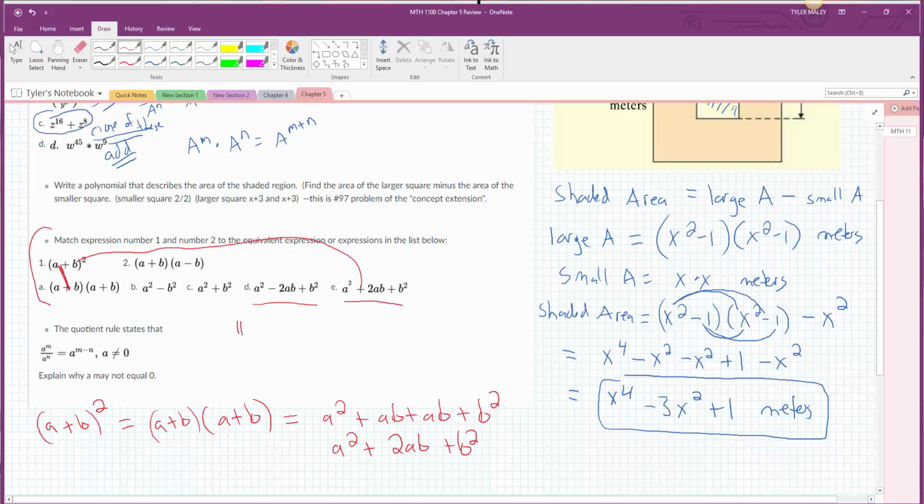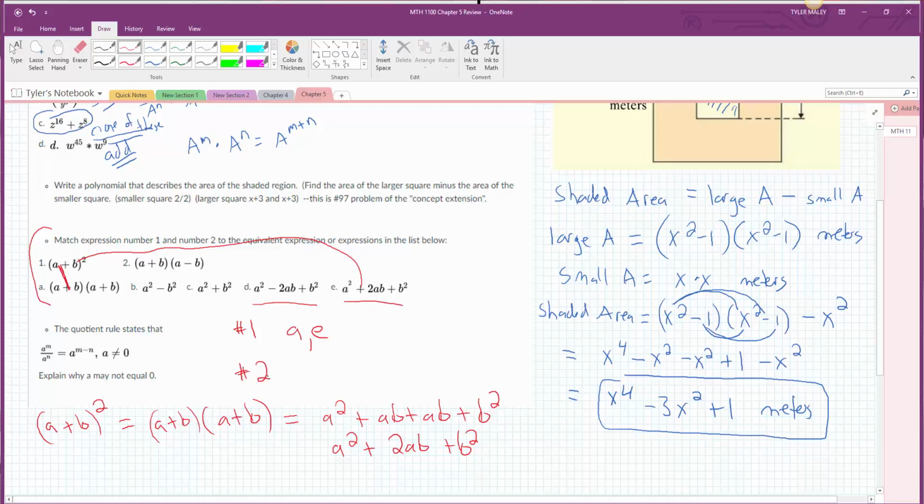So for number 1, we can match part A and part E so far, right? And I know for sure that B, C, and D would not make sense to go with these, right? Because in order for things to be equivalent expressions, we have to be able to write them so they're equal. And I can't possibly take this trinomial here and rewrite it and make them equal to these, right? So that's all for number 1.